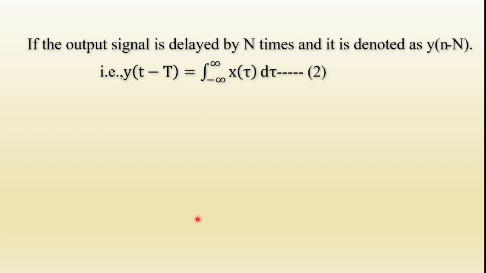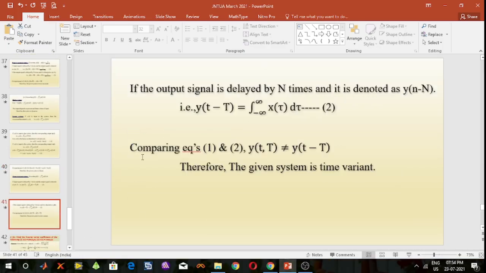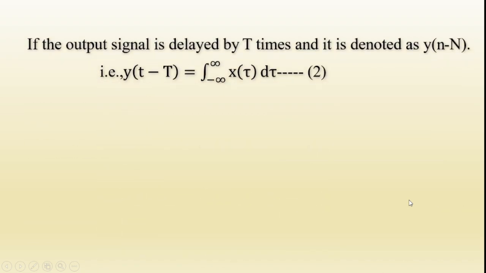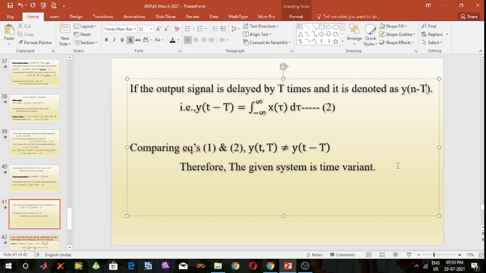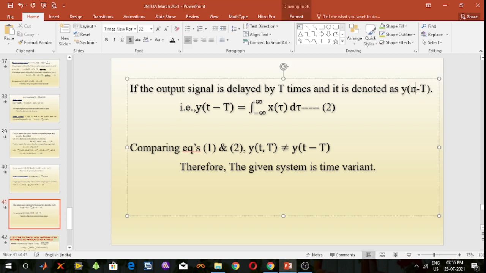If the output signal is also delayed by the same amount of time, that is capital T times, and it is denoted as y of t minus capital T, it can be determined as follows.